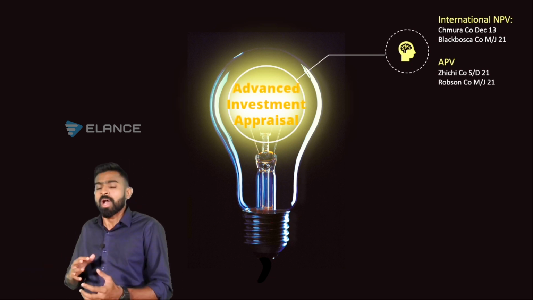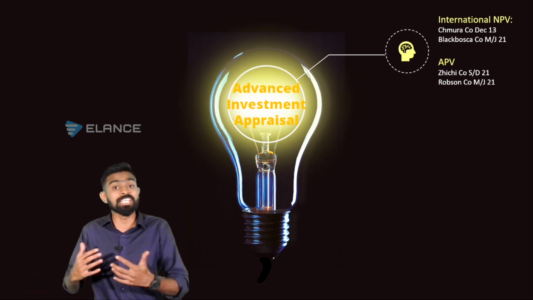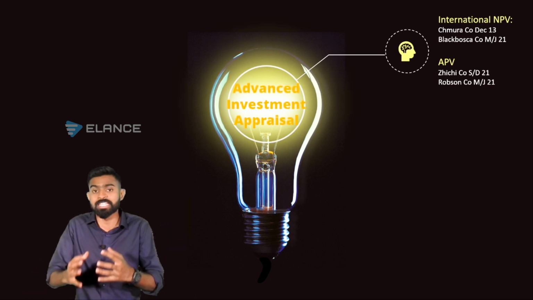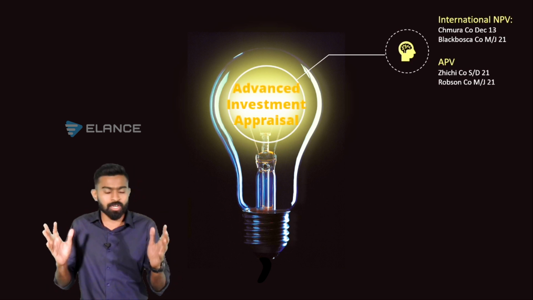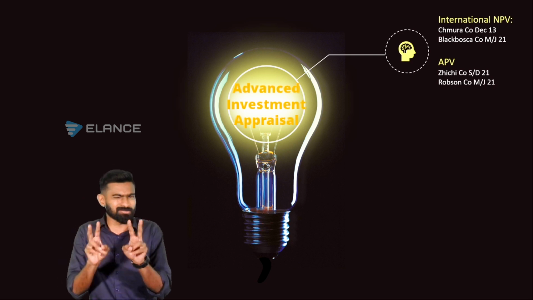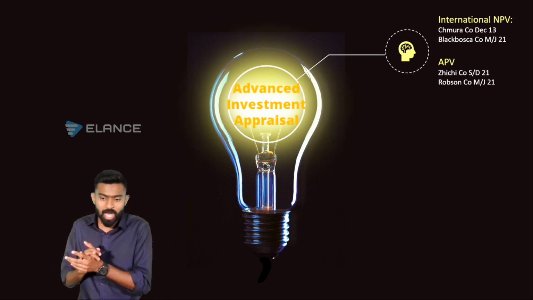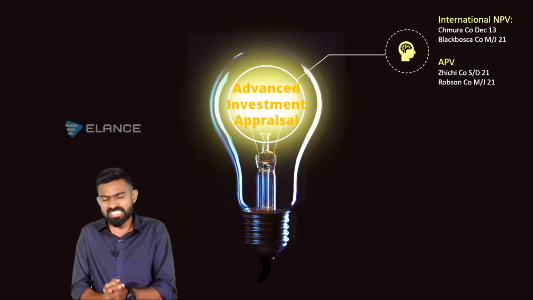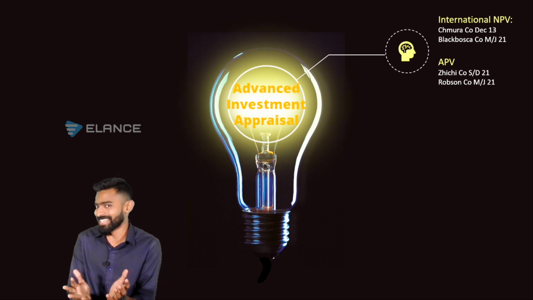So we have to prepare an additional loan table and identify the equal installment, and identify whether there is interest payment or not. So these are my 2 favorite questions. See, there are a lot of other good questions also, but since I'm picking only 2 questions from the past exam questions, these 2 are my favorite, Robson company and Zichi company for APV.